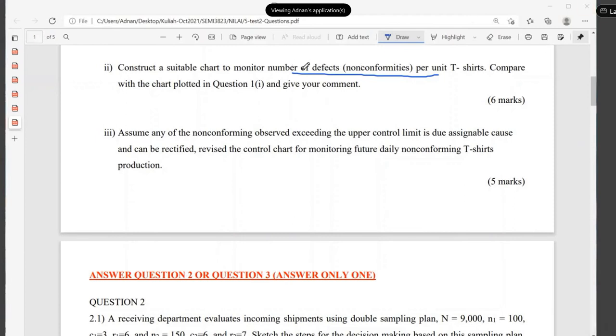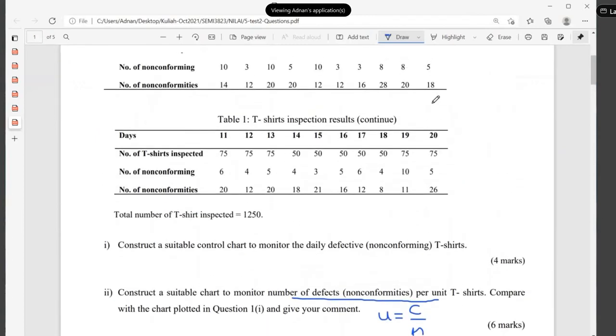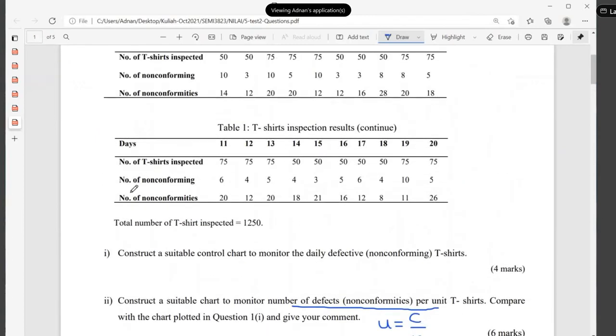Okay, number of defect, non-conformities per unit. So we know that non-conformity per unit is U equal to C divided by N. So where is the C? You can get this is non-conformities.